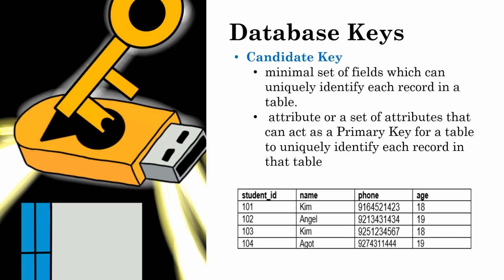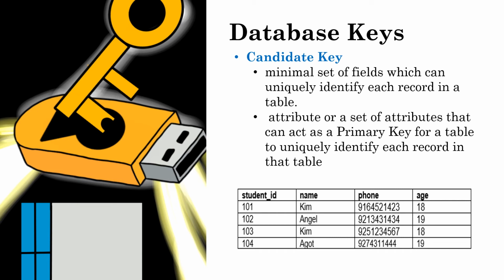How about the candidate key? The candidate keys are defined as the minimal set of fields which can uniquely identify each record in a given table. So this is an attribute or a set of attributes that can act as the primary key for a table to uniquely identify each record in a given table. There can be more than one candidate key.